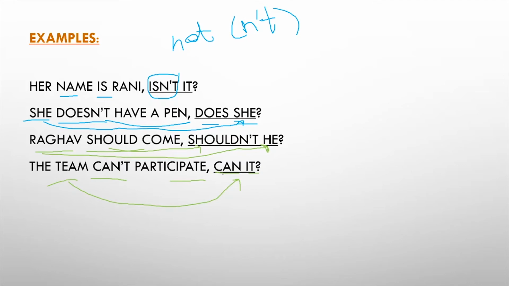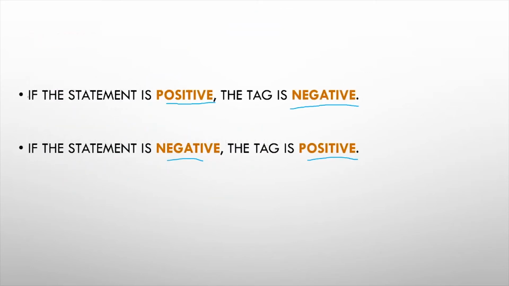Negative, tag is positive. So this is the point that you need to remember, these two. You should not forget, it just goes the opposite. If this is positive, negative. If the sentence is negative, the tag has to be positive. Just note this down, have an imprint in your brain.